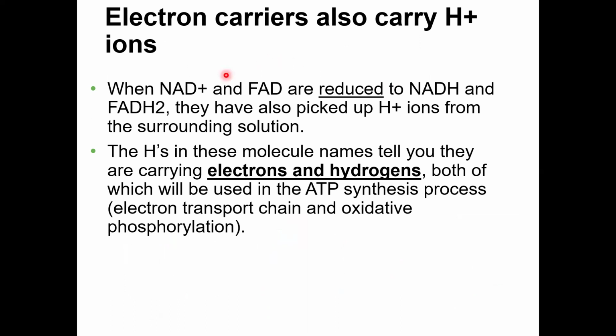When these two are reduced to NADH and FADH2, they also pick up hydrogen ions from the surrounding solution. The hydrogens in these names tell you they've been carrying electrons and hydrogens, both of which will eventually be used in ATP synthesis through the electron transport and oxidative phosphorylation processes.